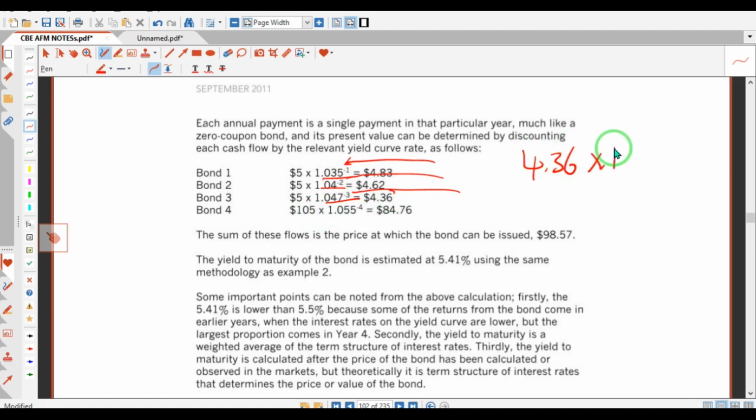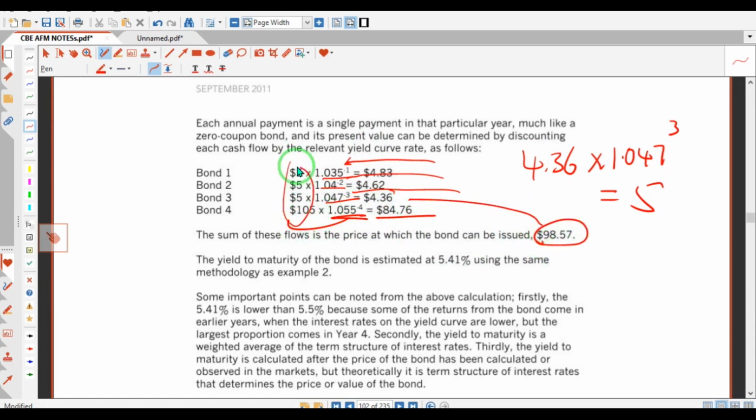I kept it for 3 years compounded, and I will get $5. That's the logic of this. And this is what bank was it? I think it's Standard Chartered. I put $84 in Standard Chartered, and I'm going to get 105. Or I am going to put this in one bank, and they're going to give me all these cash flows. This is based on the price. This is the price that we are told to find.